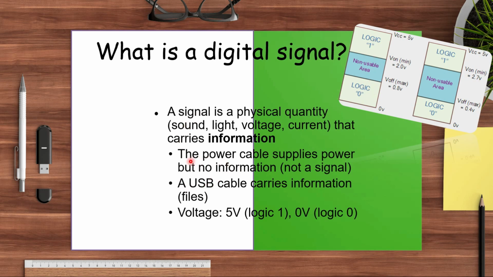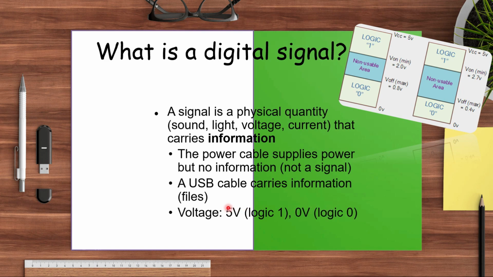Take the USB cable, for example. Normally our USBs or pen drives work on 5 volt. So logic 1 will have values near to 5 volt. If values are near to 0, it will be logic 0.